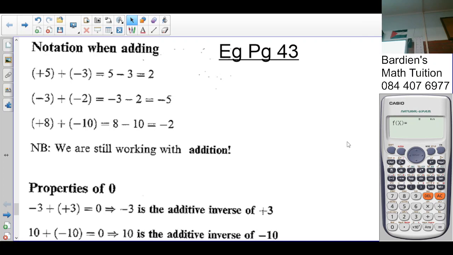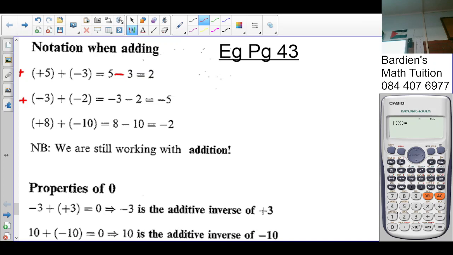I need you guys to write this down: notation when adding. Now this you don't have to write. This is the rule that we were applying all the time. There's no sign here, so it's positive. Positive times positive is positive. Positive times negative is negative. And 5 minus 3 is 2. Here you've got a positive. Positive times negative is negative.